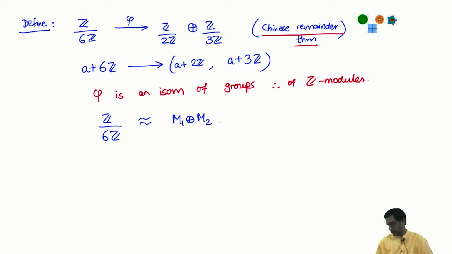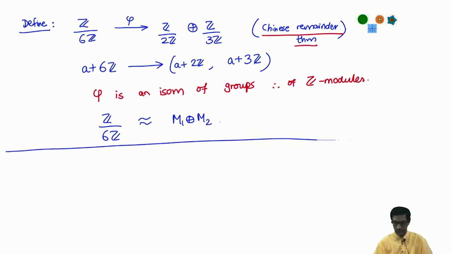Okay, now let's do another example. This is an example with Z-modules. Here's a sort of general example. If R is any ring, recall you can think of R as a module over itself by left multiplication. Now let's just do the following.